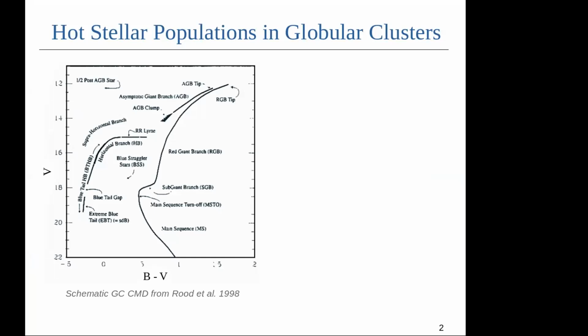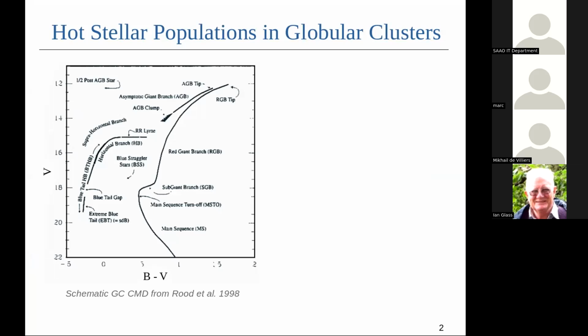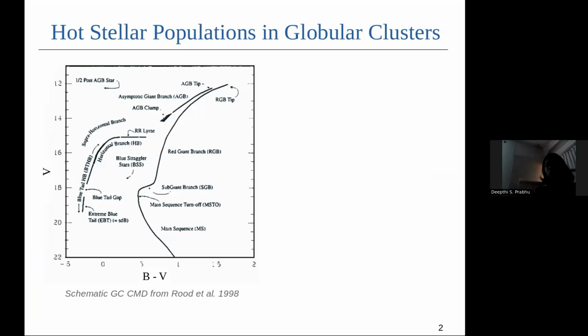Then there is the main sequence turn-off, where stars exhaust their hydrogen and go on to the subgiant branch and so on. Finally they end up on the horizontal branch.